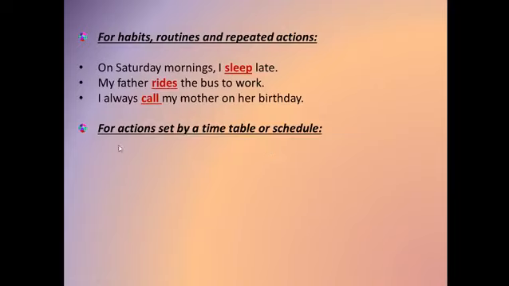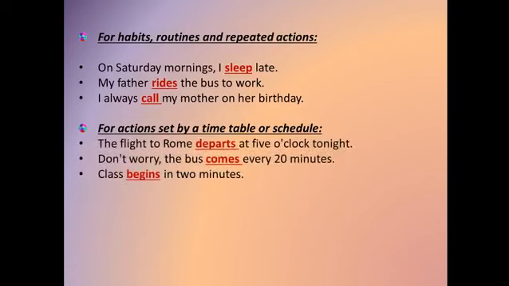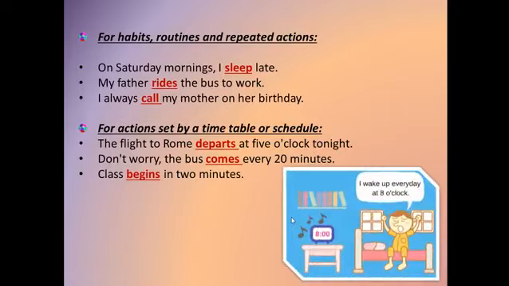Okay, and the fourth and last thing that we use the present simple for is for actions set by a timetable or schedule, things or actions that happen at or have a certain time that they happen in. For example, the flight to Rome leaves or departs at 5 o'clock tonight. So this is a schedule, or this is the schedule of when the flight is going to leave. So I use the present simple.